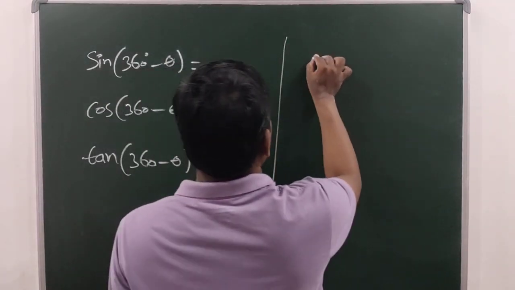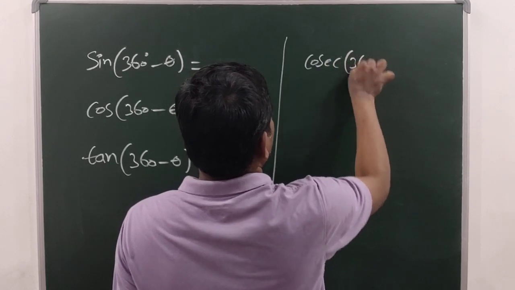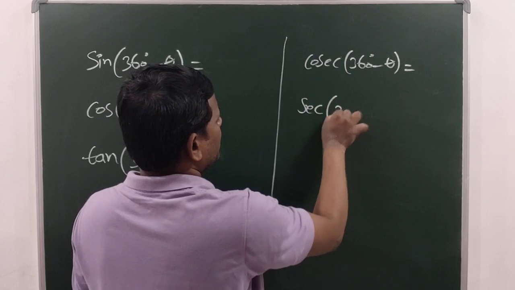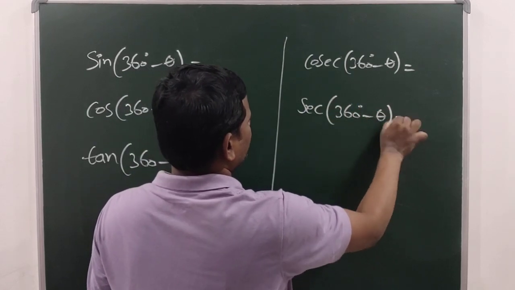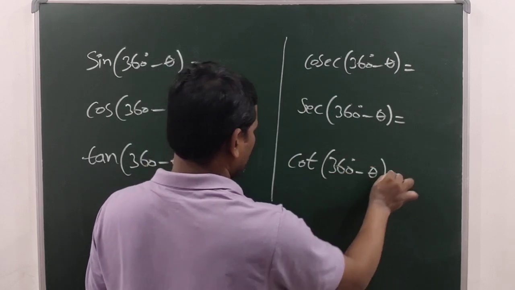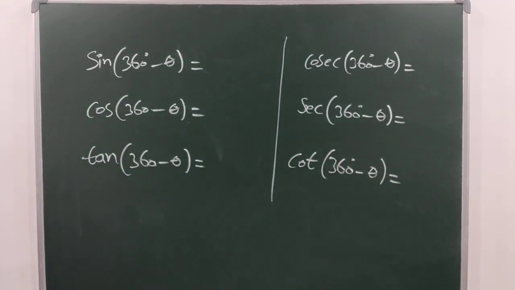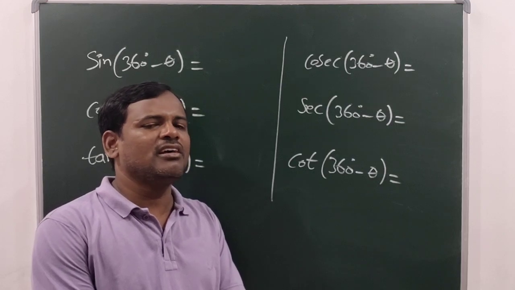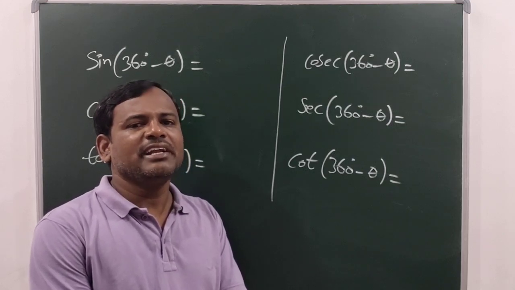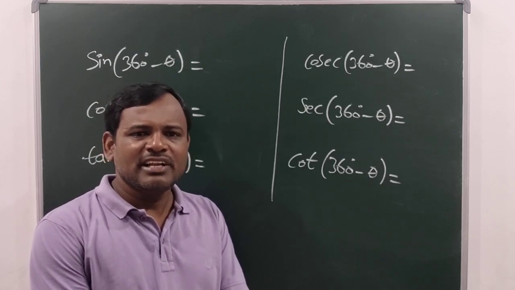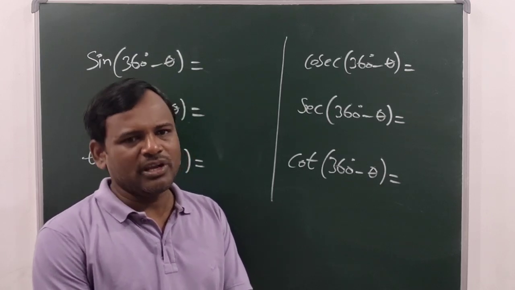Similarly cosec of 360 degrees minus theta, secant of 360 degrees minus theta, and cot of 360 degrees minus theta. Now tell me, 360 is what kind of multiple of 90? Even or odd? Even, because 4 is an even number, so no changes will come in the ratios in the transformation.